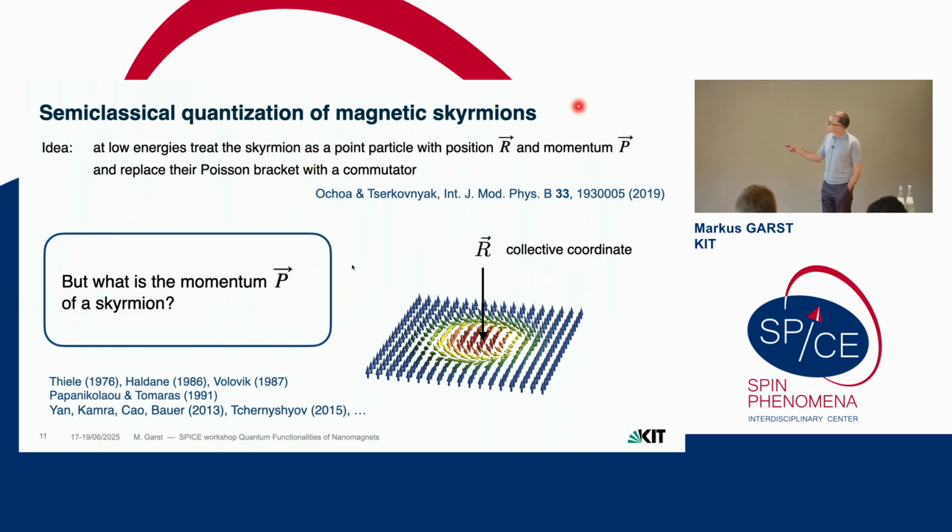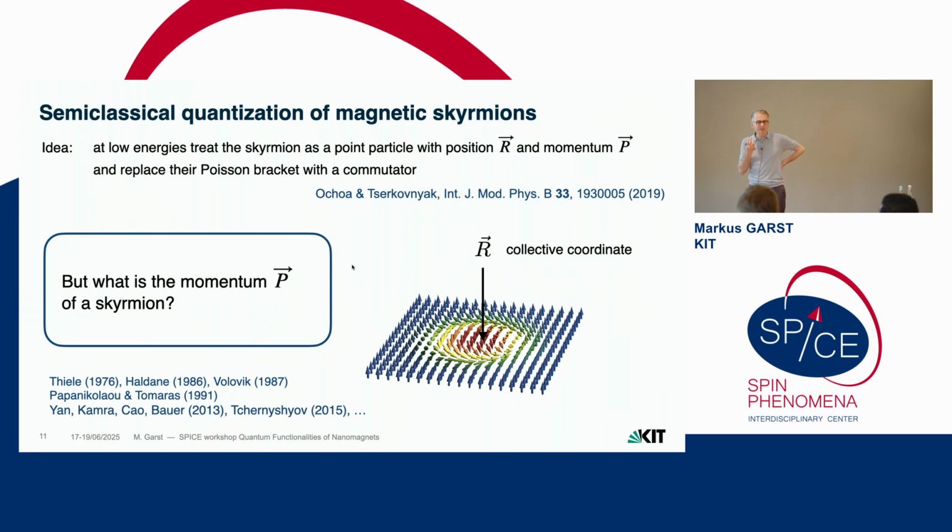However, if you want to approach that problem, you first have to understand what's actually the momentum of a skyrmion. The position you can just identify with some collective coordinate, but then you need to ask what's actually the linear momentum of a skyrmion.